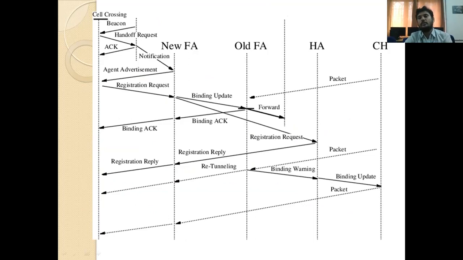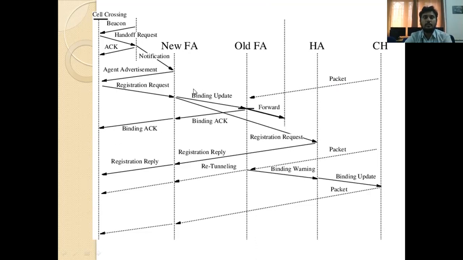Simply in our words, we are the correspondent node, that means you. So you have to send data to your friend, that is mobile node. At the time of sending the packet to your friend's mobile, he is available in Vijayawada. But at the time of reaching that packet to that particular address, he moves from Vijayawada to Rajahmundry.